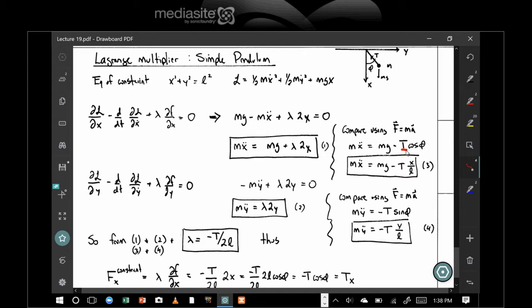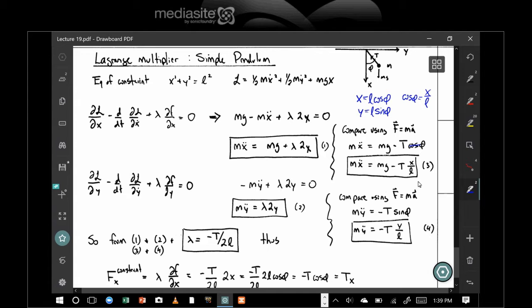Now, remember that I have relationships: x is going to be equal to L cosine phi, and y is going to be equal to L sine phi. So then what I can do is solve for cosine phi, which is just going to be equal to x over L. If I stick that in place of that, I get this expression here.